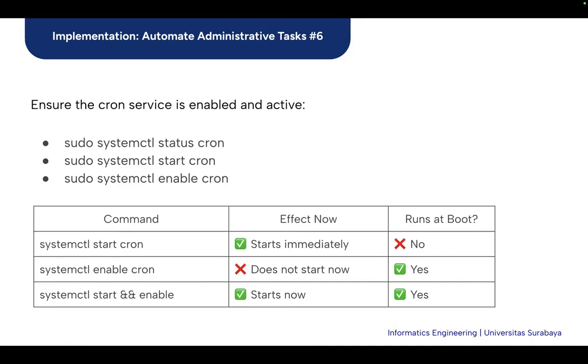If you want to activate it now and have it run at boot, you can use systemctl start and enable. So you can do both commands at the same time. For now, we are going to use start and enable.